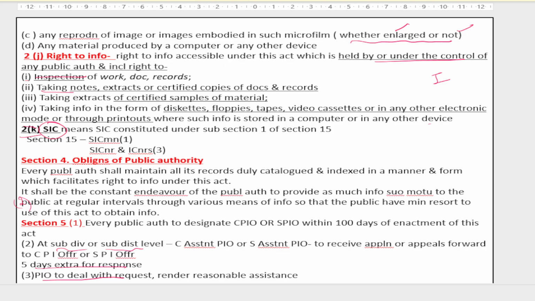These include, first, the particulars of the organization, including the functions and duties of the various employees in the organization. And second, it needs to disclose the powers and duties of its officers and employees.